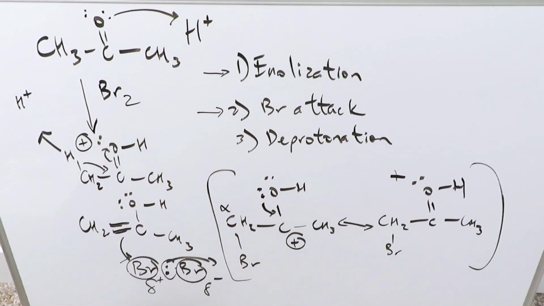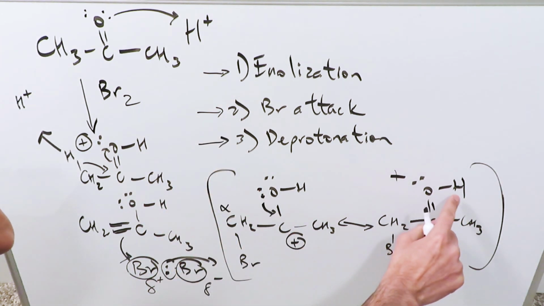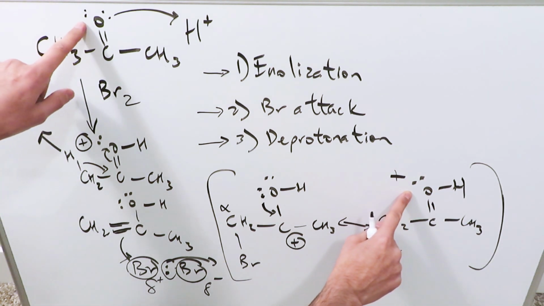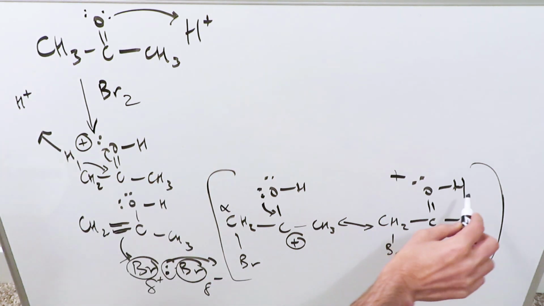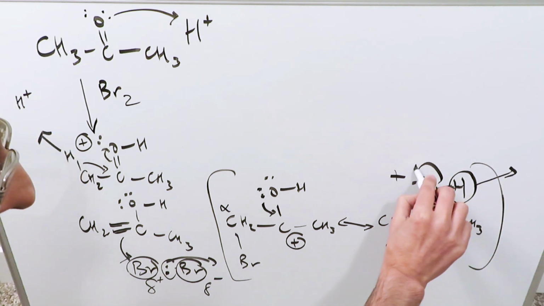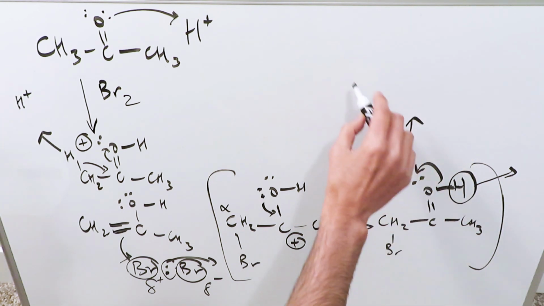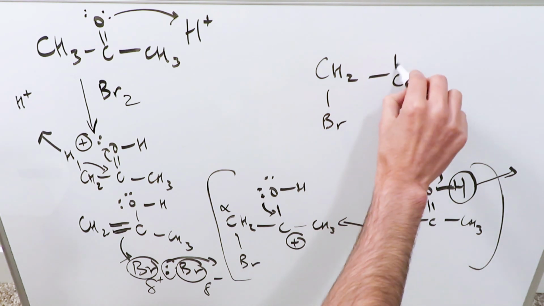Now the only thing which remains is step number 3, deprotonation. This proton has to go away and sacrifice its involvement in this bond, so the bond electrons can come and satisfy the oxygen and give it back its 4 complement of electrons. And I will show it to you right here on the top after erasing these. In the deprotonation step, this hydrogen will go away. The 2 electrons of this bond will come right over here and satisfy oxygen in terms of its positive charge over here and return everything into a normal state for that oxygen, and you will have this.